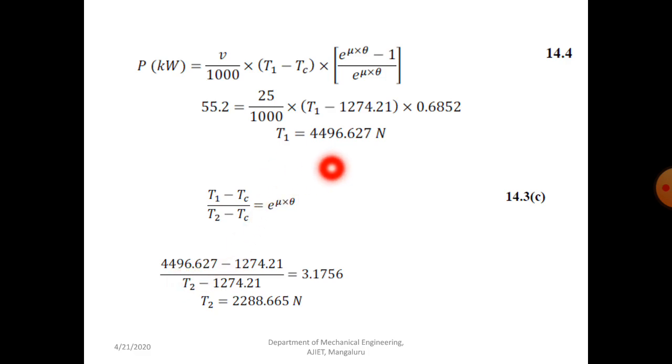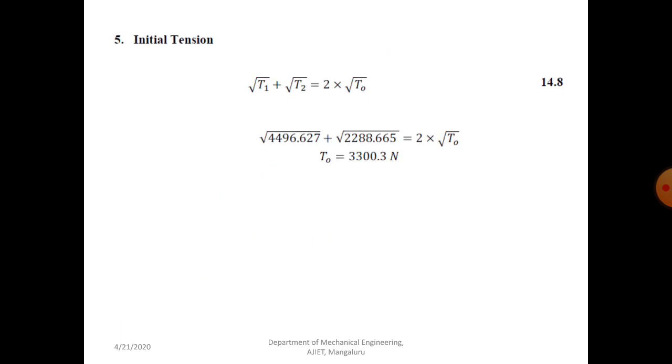So we have tight side tension as 4496.627, slack side tension as 2288.665, and at the same time the centrifugal tension Tc, which is 1274.21 Newton. With the help of all the tensions you can now calculate the initial tension, that is root T1 plus root T2 equals 2 into root T0.